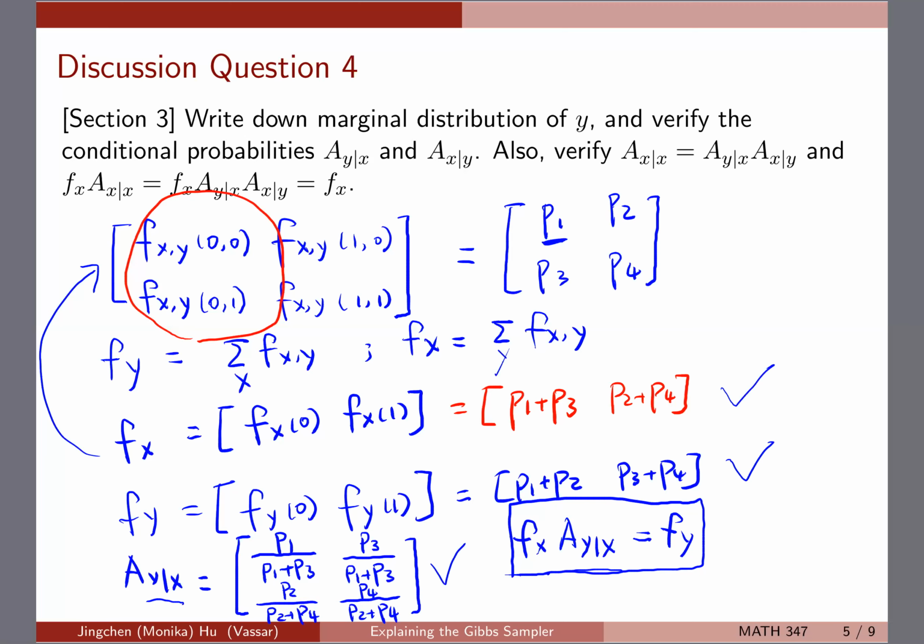And the other transition matrix is similarly done. So I'm going to pause here for a few minutes, really quickly, for the verification.